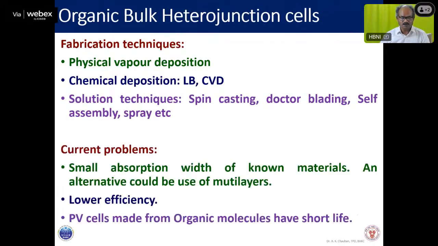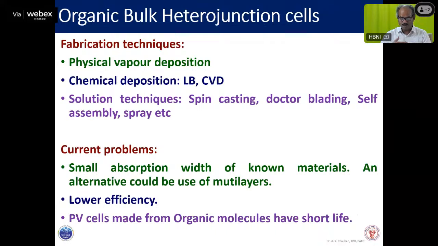Then what are the problems? One is small absorption width, as I have explained in detail, so you should be having a very clear idea by now. And then small absorption width of known material. An alternative could be used: multi-layers. As we did in our lab, one layer has small thickness, so absorption is less.